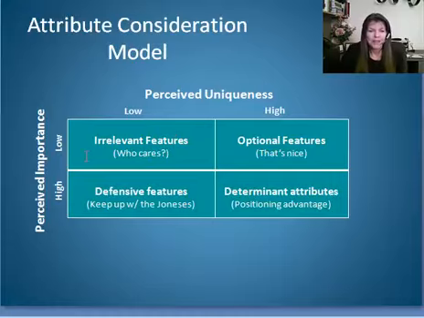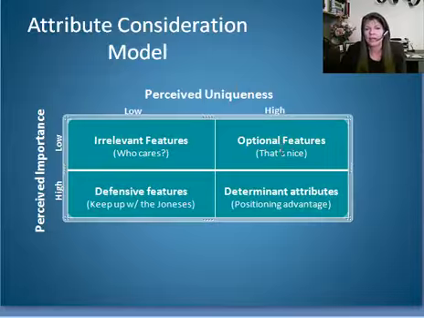So they don't tend to care about it. Now, if you look over into this cell, it's still low importance, but it's perceived to be unique, an attribute that's unique. Then the attitude tends to be more like, oh, that's nice. In other words, fine if it happens to come with it, but not important if not.